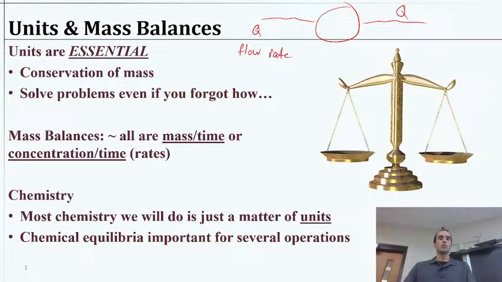Now, if you were to suddenly remove the dam, you have a sudden accumulation in the negative direction of water in that pond, right? It's all leaving. It's leaving at a faster rate than it was coming in. And so for a little while, you have a non-steady state of how much water is in that pond. That's intuitively obvious, right? The water's leaving. And we're going to map out how to deal with that stuff with math, okay?